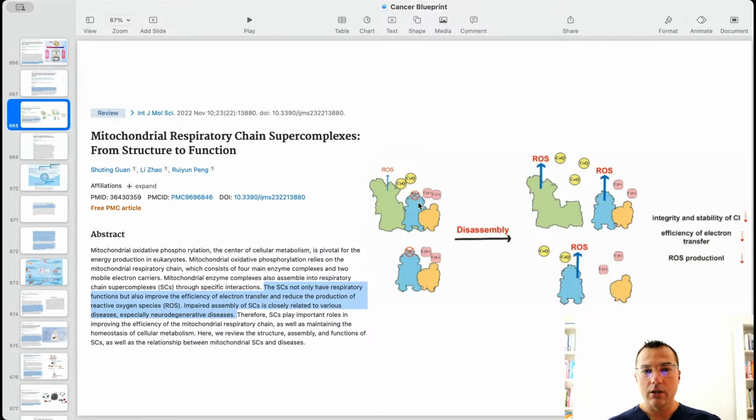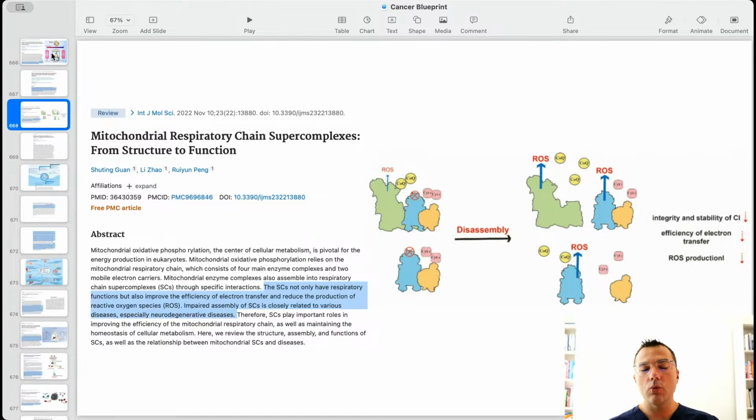When they're disassembled, they don't produce as much ATP. They produce a lot more reactive oxygen species, and that becomes a vicious cycle, as we talked about in the past.